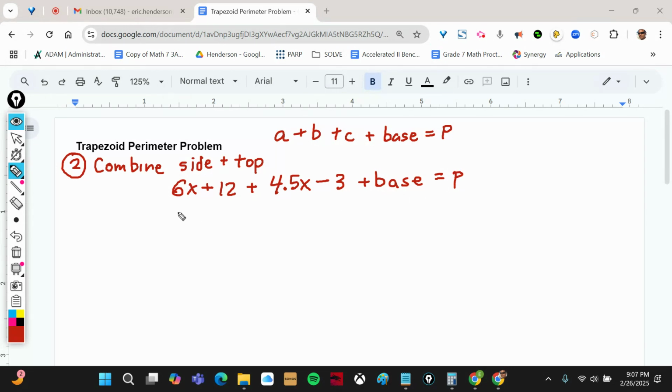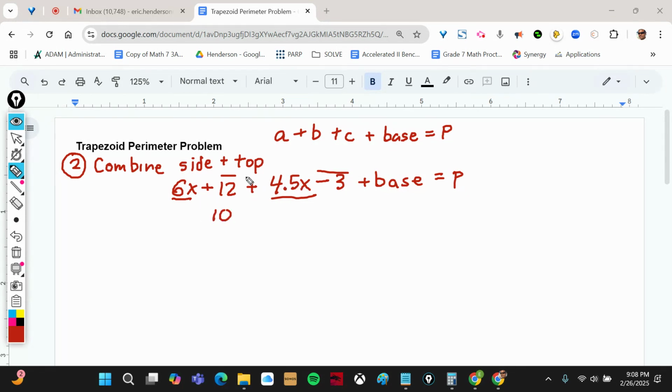All right, so then we're going to combine the sides and the top. So we have x's and we have constants. So 6x plus 4.5x gives us 10.5x.